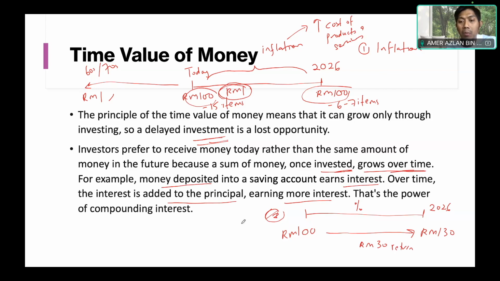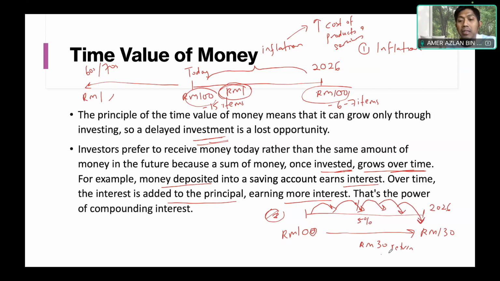That's the power of compounding interest. So when you leave your 100 in the savings deposit account and you leave the money to grow, let's say the interest rate is 5%, and interest is compounded, by 2026, perhaps the value of money will increase to $130.